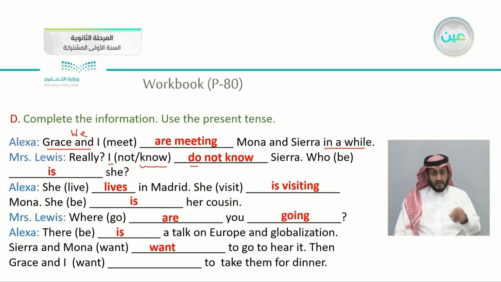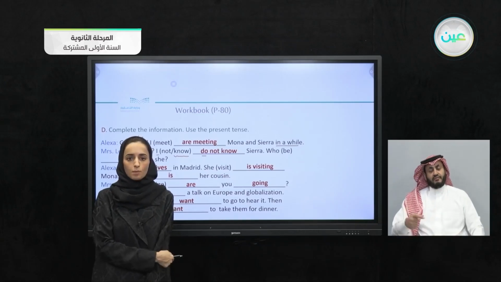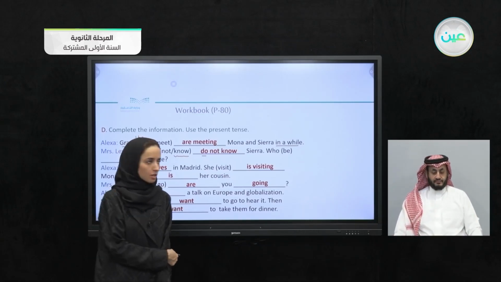They want to go to hear it. Then Grace and I want, actually non-action verb. We want to take them for dinner. So just check if it is a habit or a stative verb, non-action verb, choose the present simple. Otherwise, choose the present progressive with the -ing.